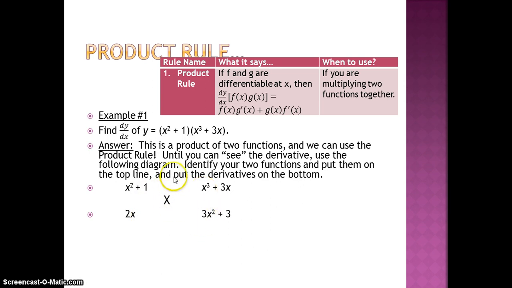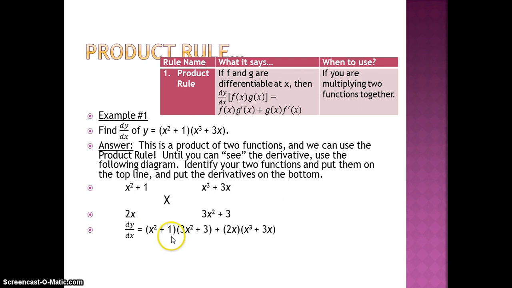Notice I put a little x in there. And the x, if you'll remember from way back in elementary school, denotes multiplication. In this case, it's actually just a device to help us realize how we're going to use the product rule. We will multiply top left times bottom right, and add that to what we get when we multiply bottom left times top right.